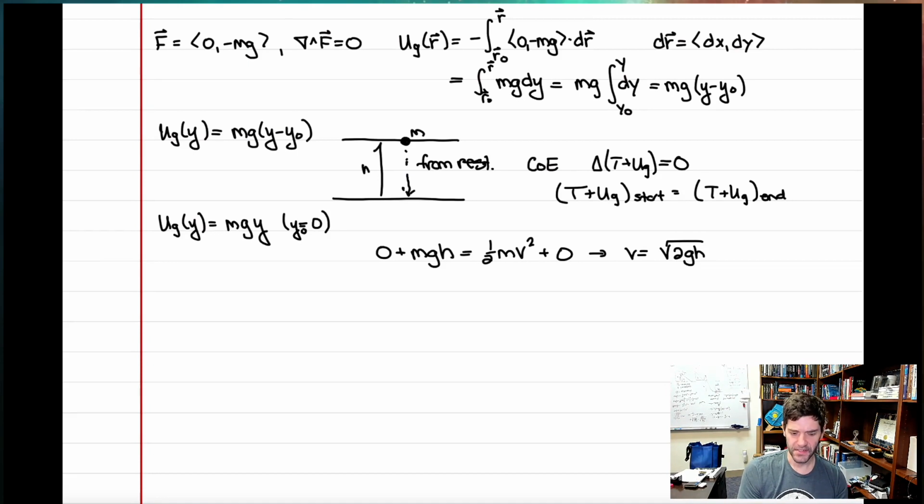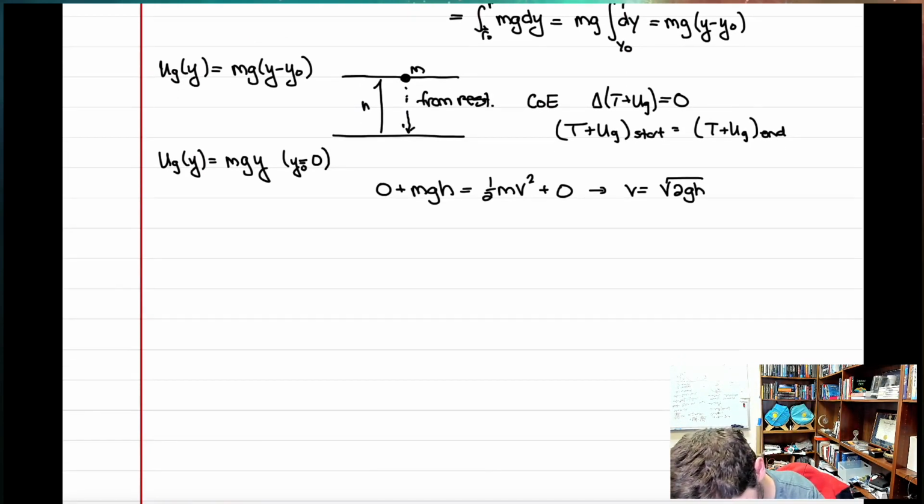And just to make it crystal clear that this is not new magic, if you want to ask what is the work that gravity has done, which is the gravitational force over the path you took, going from y equals h to y equals 0?